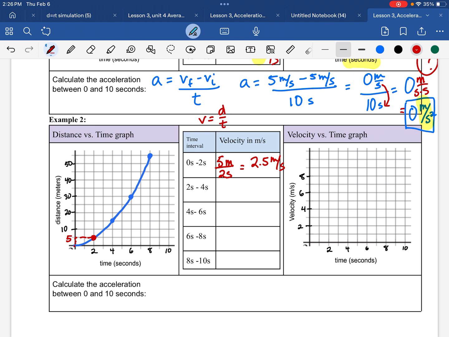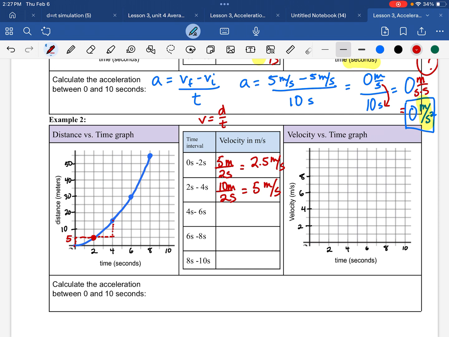Okay. What about the next time interval? So now again, 2 more seconds have passed. So we're looking at these 2 seconds from 2 to 4 seconds, right? And the total distance that's been traveled in that time is, so each one of these squares represents 5 meters, right? So 5, 10, so 10 meters has been traveled in that time interval. So now we're speeding up a little, 5 meters per second, okay? Let's do one more, and then you're going to do a couple in your notes here.